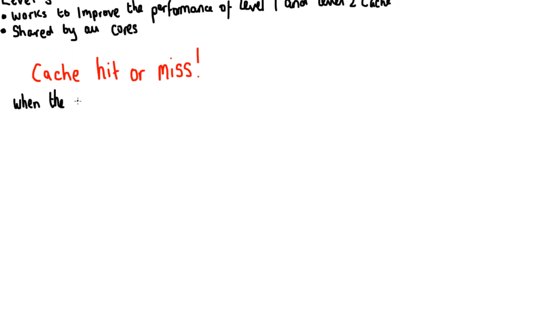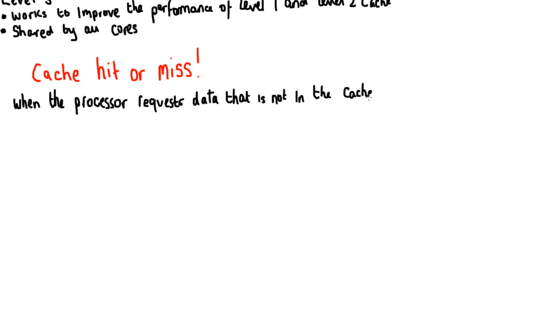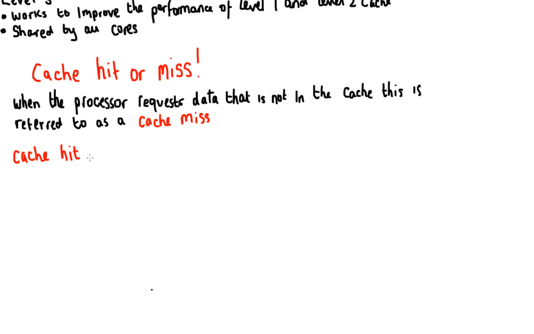What I've basically explained there is a cache hit or a cache miss. A cache miss is when the processor requests data that is not inside the cache. A cache hit is when the processor requests data and it is found in cache.